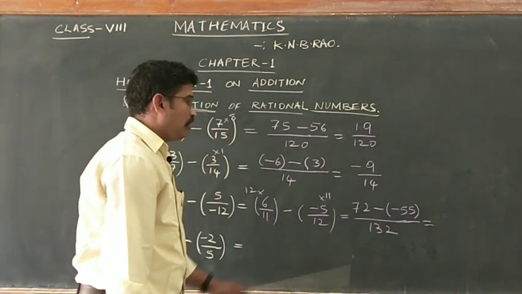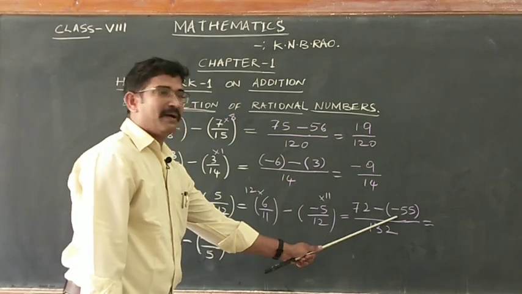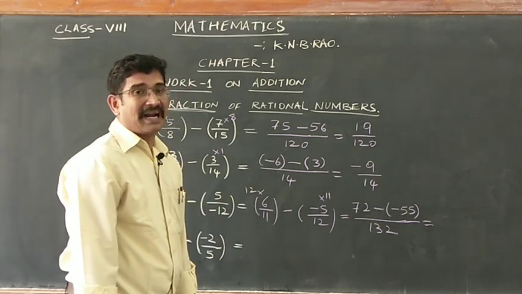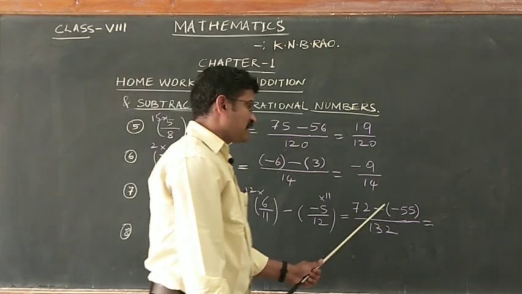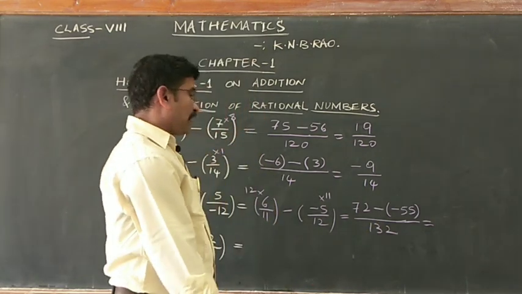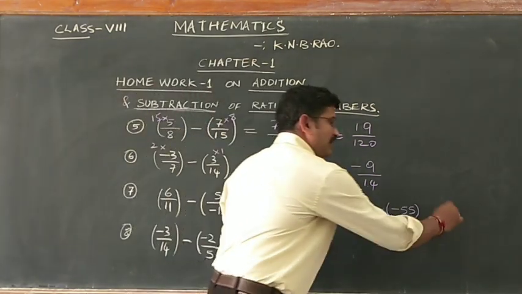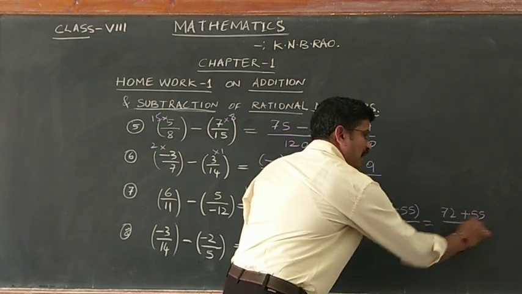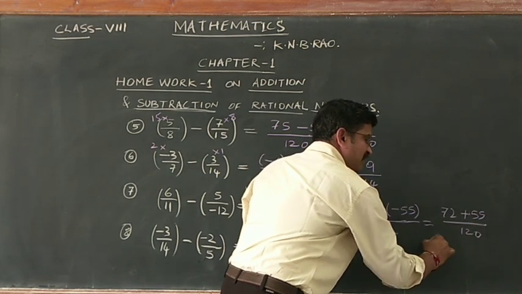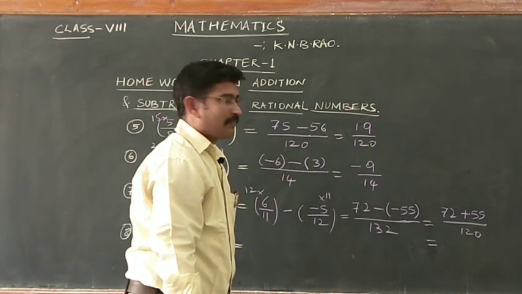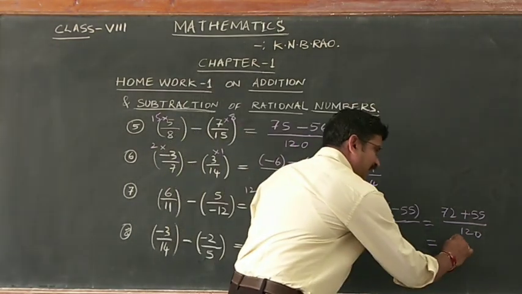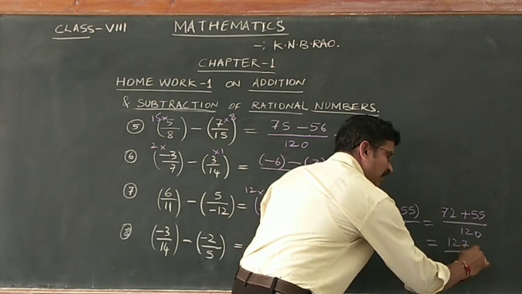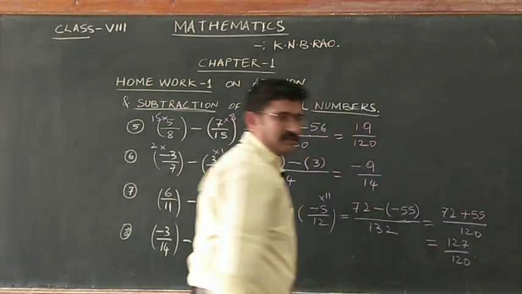So, we have 72 minus of minus 55, which is removing the bracket. If you remove it, minus of minus becomes plus sign. So, it is 72 plus 55 upon 132, which is 127 upon 132 is the answer.